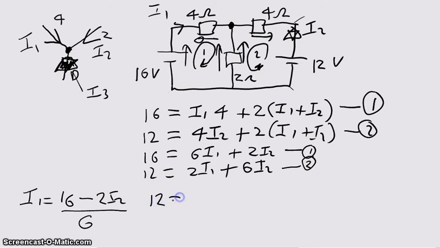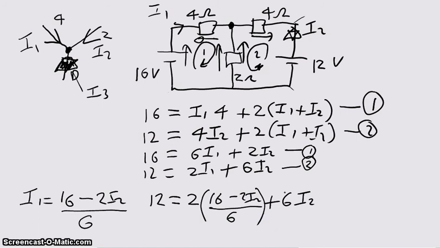And you can say 12 equals 2 I1, which is 16 minus 2 I2 over 6, plus 6 I2. Okay, so you see now this equation's only got one unknown in it. And so you can solve it through to find I1 and I2. So that's a basic introduction then to the way in which Kirchoff's law works to help us solve a circuit.